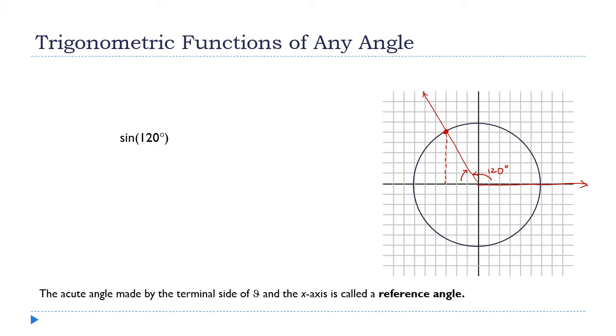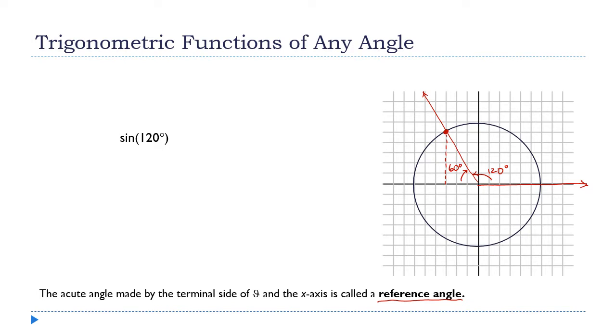This is what we mean by a reference angle. It's the acute angle made by the terminal side of the original angle and the x-axis. For our 120 degree angle, this angle is going to be 60 degrees.